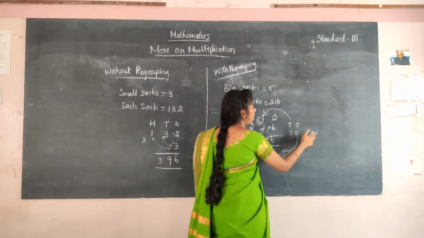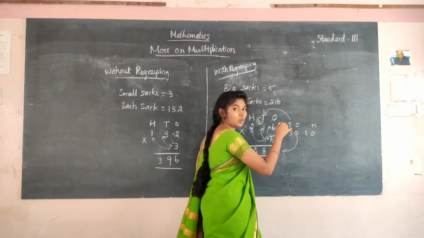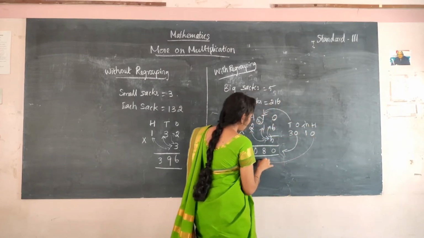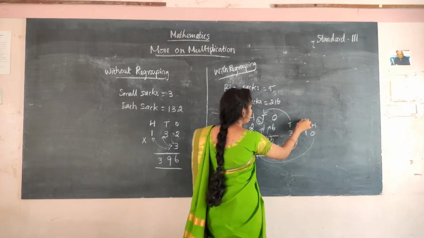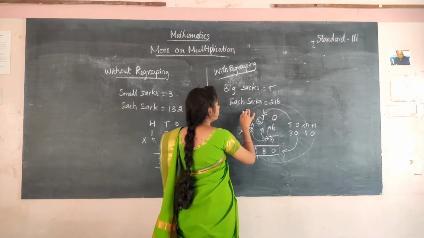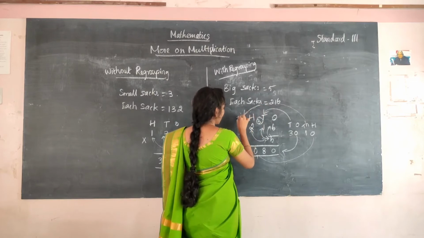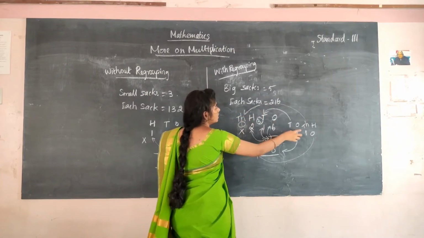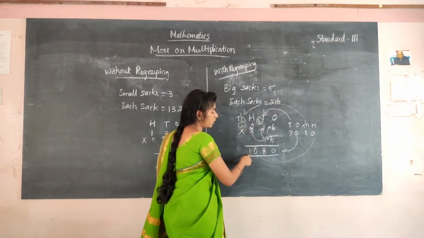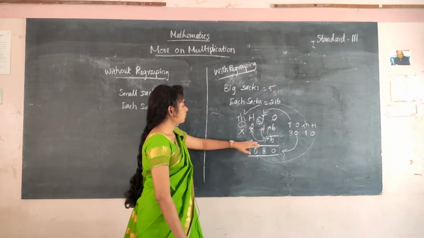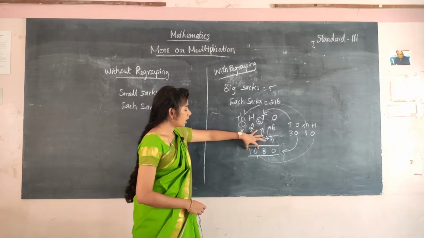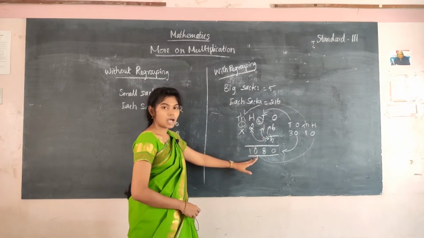So write from the hundreds place. Next to hundreds, you know what's the place? It's the thousands place. So you can take 0 to the hundreds place, and carry over the number 1 to the thousands place. We can write simply 10 here because it is the last number to multiply.